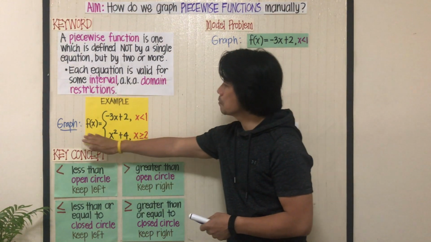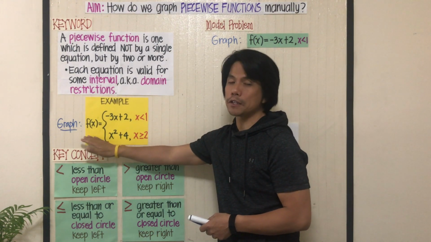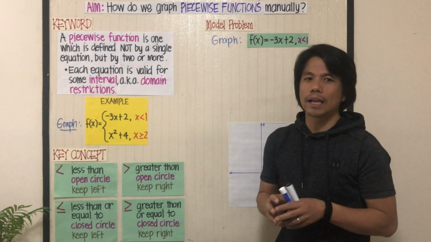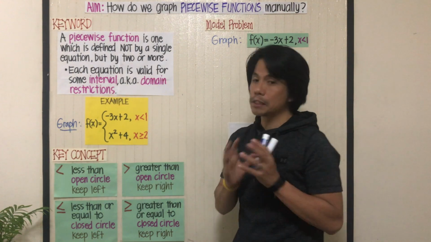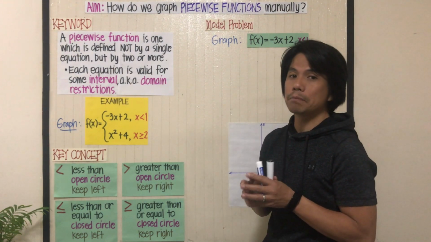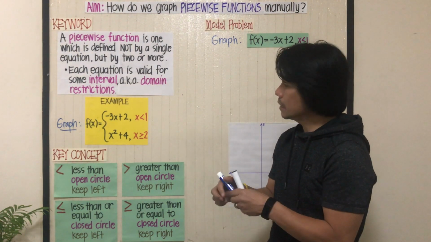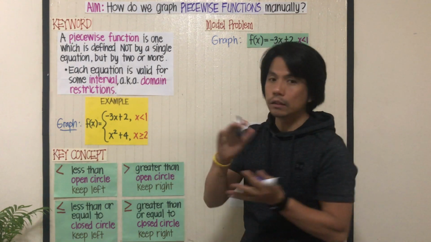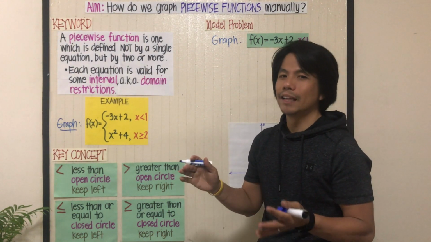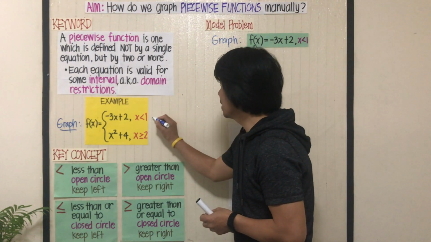What if we want to graph this piecewise function? I strongly suggest, especially if this is your first time graphing a piecewise function, that you break it down into two pieces. That's why it's a piecewise function. Let's label it.